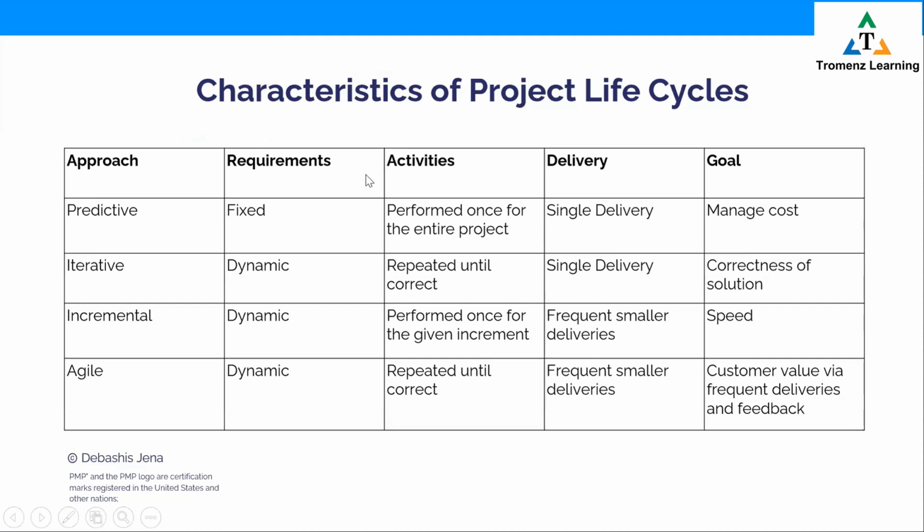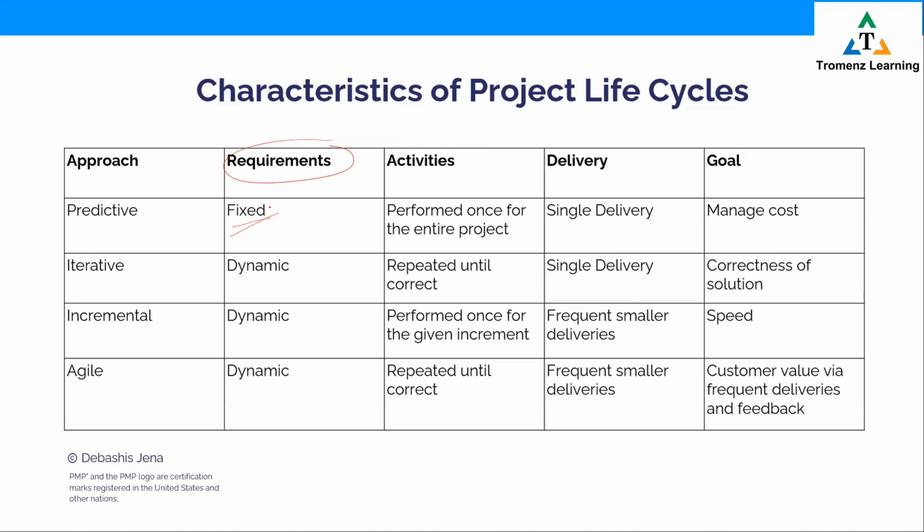This table best explains the differences between these life cycle models. Have a look at this one. Now we'll compare them under these themes. Requirements. Look at that. In predictive or waterfall model, the traditional one, the requirement is fixed. Remember I said that you do the requirement gathering, get a sign off, and the requirement is frozen.